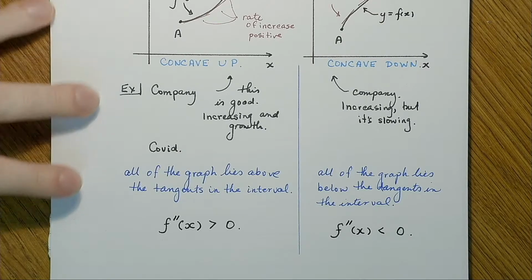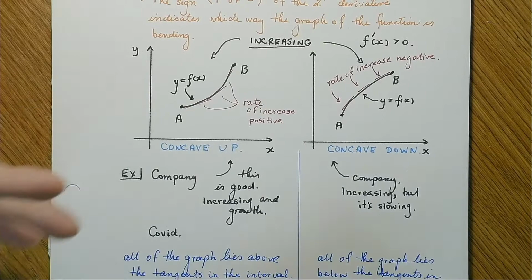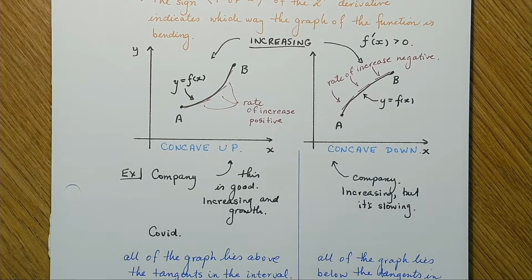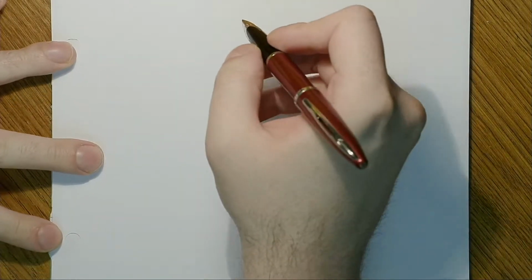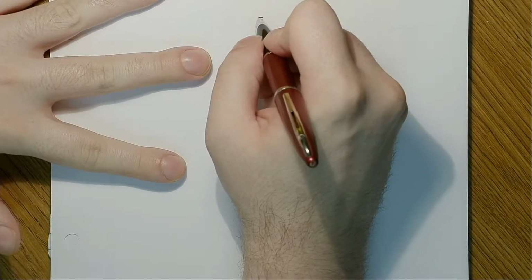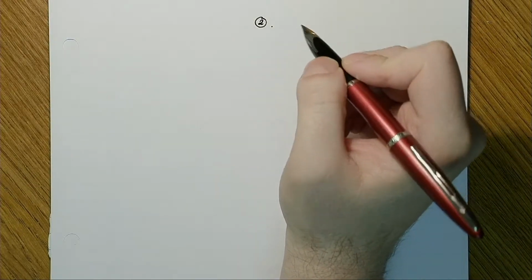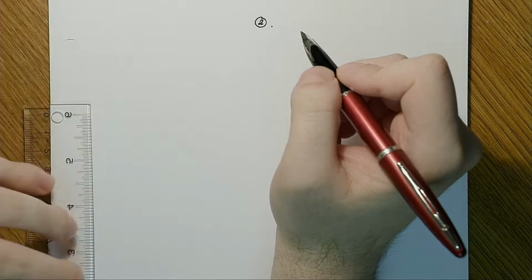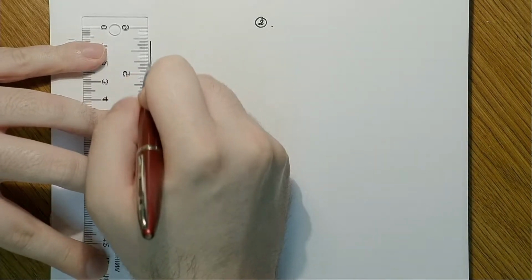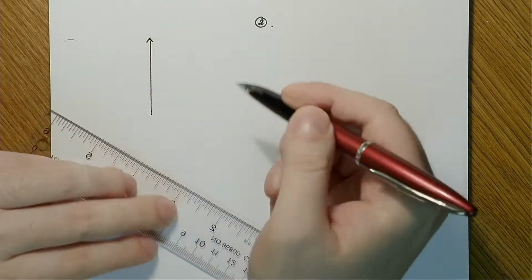Okay, so I've done just a little bit of sketching, but let's use some real functions to illustrate this. And by real, I mean just functions that we recognize. So let me start off with this one.